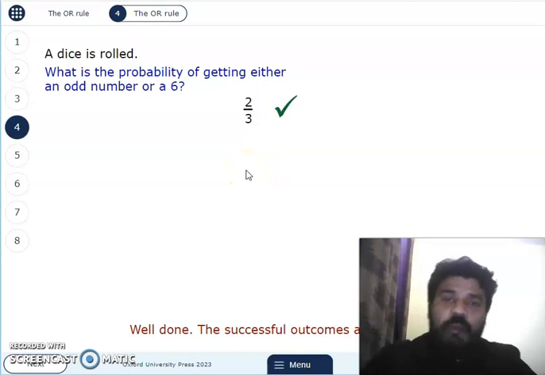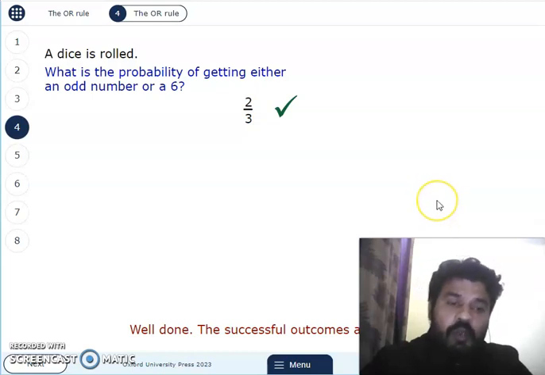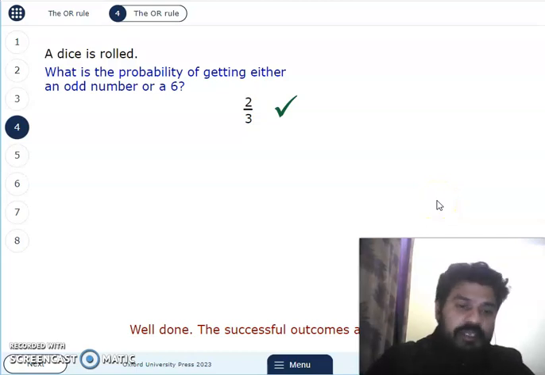If I'm talking about either an odd number or 6, odd numbers are 1, 3, 5, and 6 is itself 6. So how many numbers do we have? 1, 2, 3, and 4. So 4 upon total number of outcomes, which is 6. So 4 upon 6, that gives you 2 by 3.